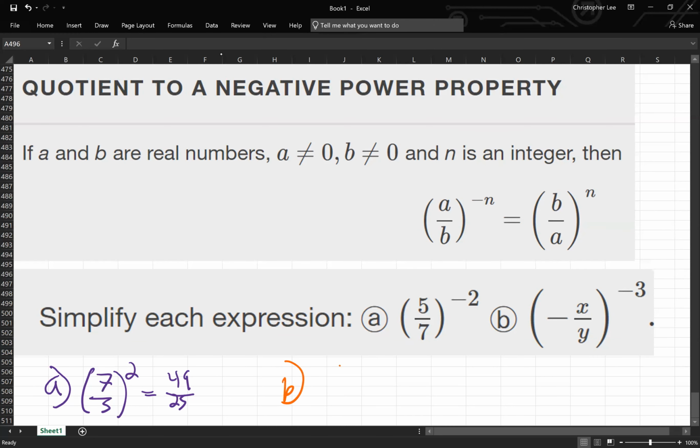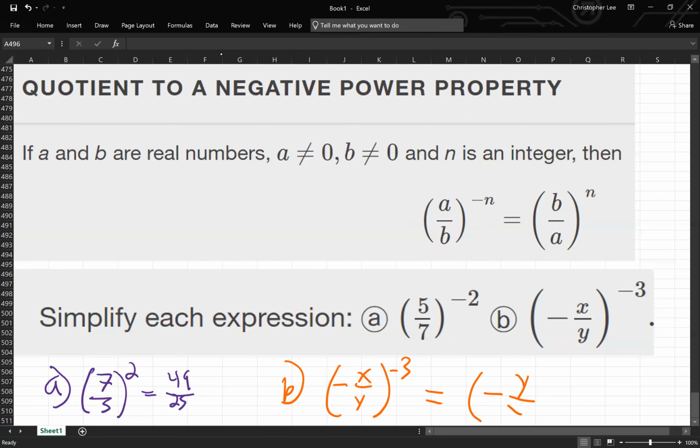See, I have B. I have negative x over y to the negative third power. What am I going to do here? Good. This will become what?